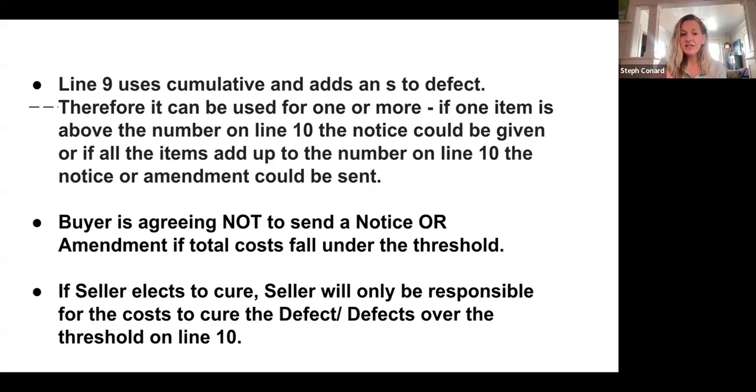So if the seller served a notice of defects and we've got a $5,000 threshold and repairs total $15,000, if the seller elects to cure, then they're only on the hook for $10,000 of that, because we're now deducting that $5,000 from the total. Again, this is only triggered if a notice of defects is served.